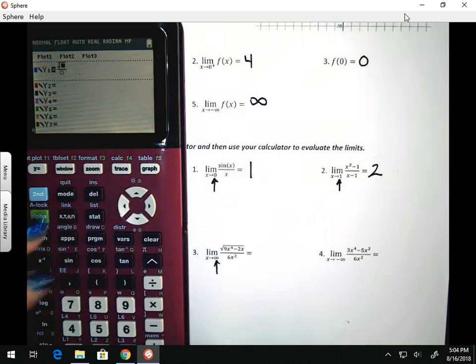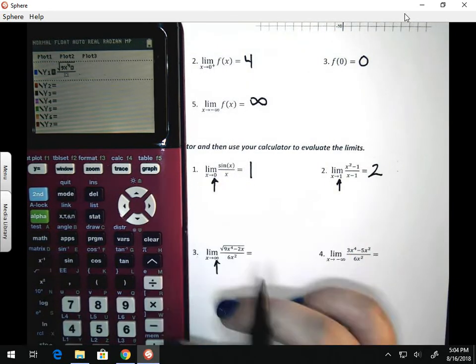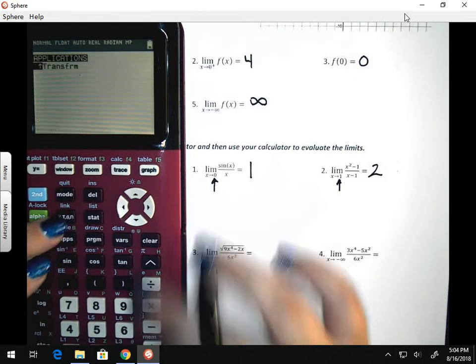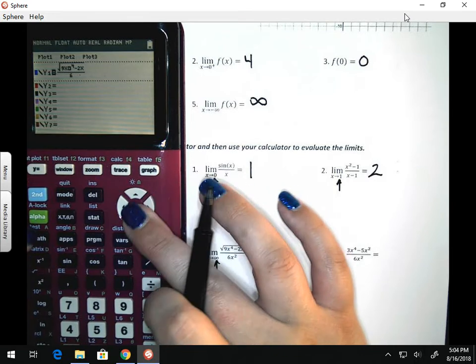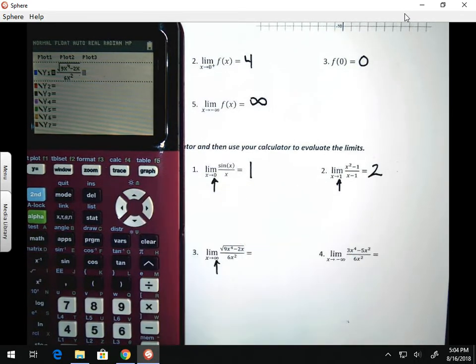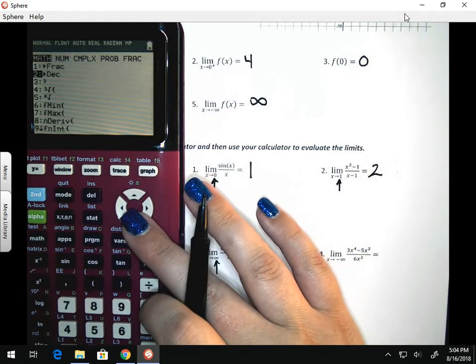The square root of 9x to the 4th minus 2x over 6x squared. Okay, and I am actually going to also do math and then go to decimal.